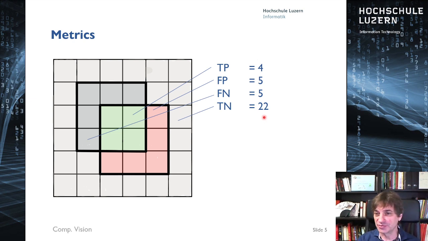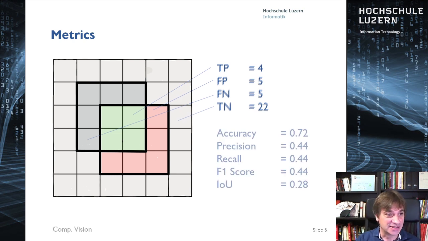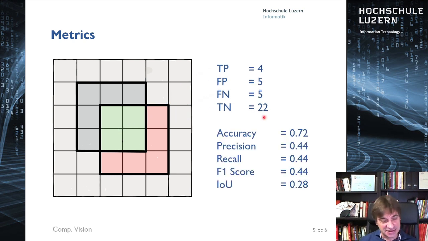Using the formulas from the last slide, you can then calculate the metrics here. What we see here is exactly the problem that we have a lot more examples of the background class, the negatives. So we have quite a high accuracy, but the other values, like precision and recall, are much lower, mainly because they do not involve the score of the true negatives.